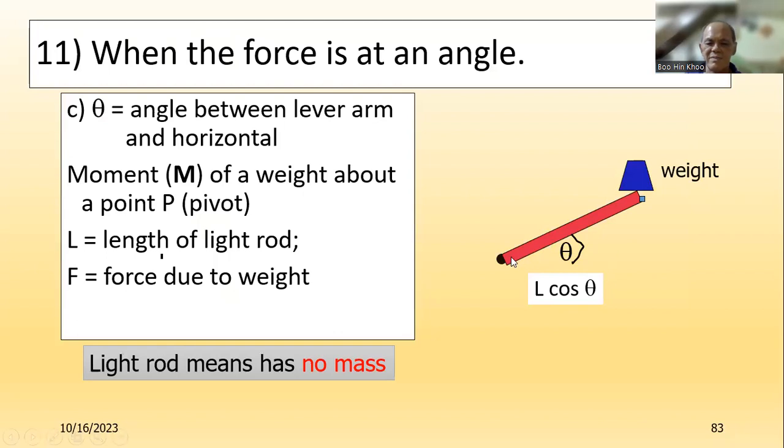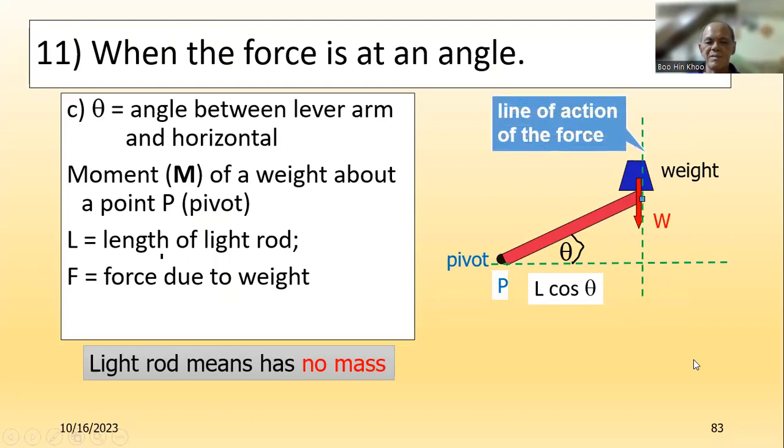If the angle is given, this is the horizontal line. That's your pivot. That's your weight. That's your horizontal line. That's your length, L. When we say light rod, it means there's no mass.